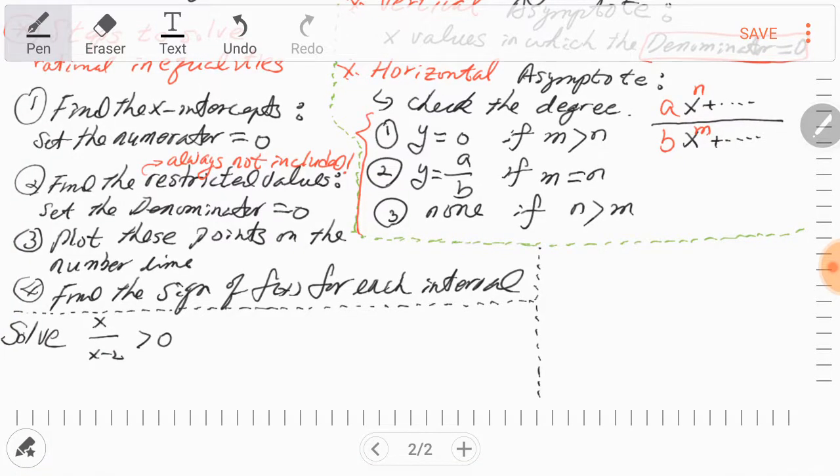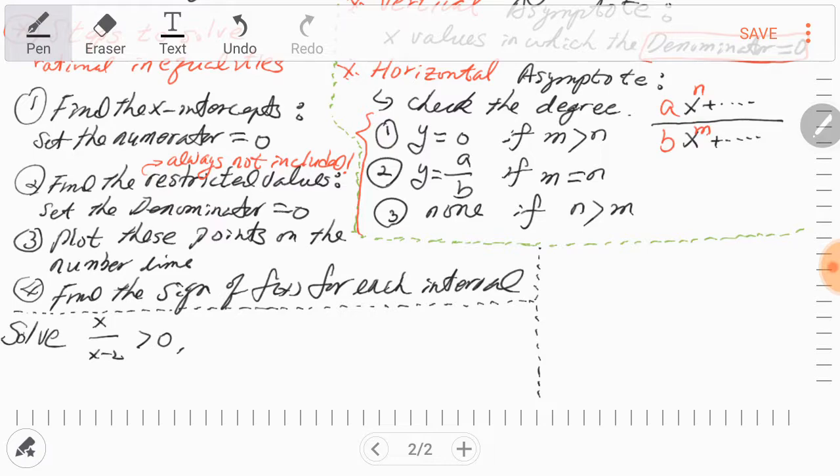So okay, look at this example. x over x minus 2 is greater than 0. Then for this rational inequality, change this into an equation. So x over x minus 2 is equal to 0. Actually, you don't have to make it equal to 0. Let's find the x-intercept.